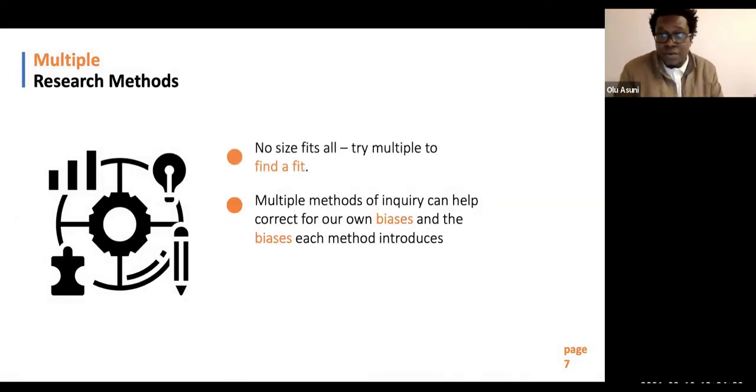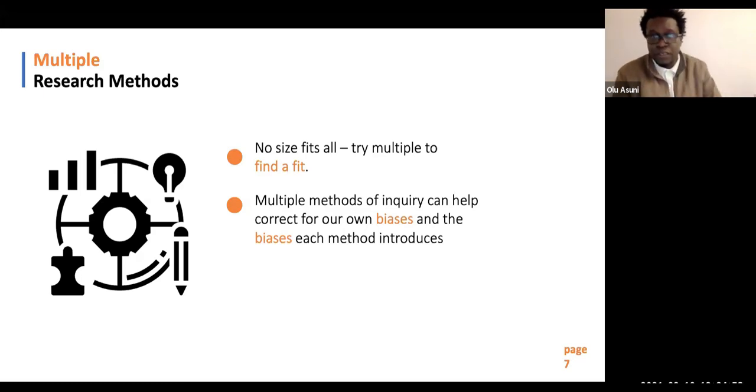So academics on this call would agree that there are multiple research methods, and each research method is not self-sufficient. If research methods were self-sufficient, perhaps the first self-sufficient research method would be the only research method out there. But indeed, there are research methods suited for different environments or different tasks.